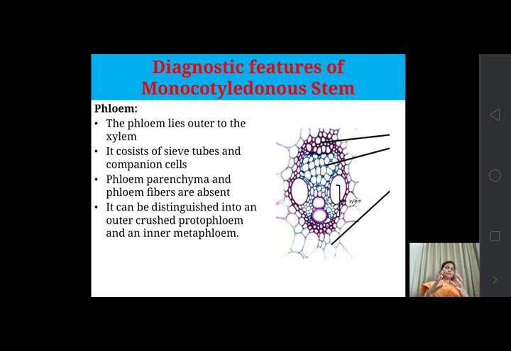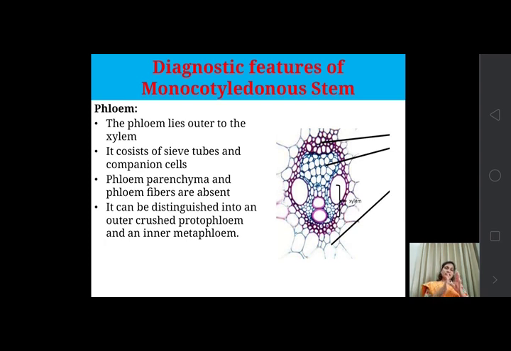Both show enlarged xylem, but in the dicotyledonous stem there is no protective covering, that is the bundle sheath, around the vascular bundle. In the monocotyledonous stem, the vascular bundle has a protective covering, the bundle sheath, made up of sclerenchymatous tissue.